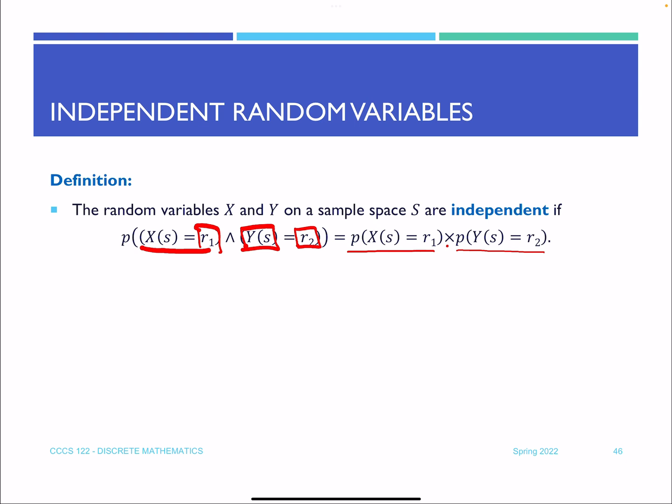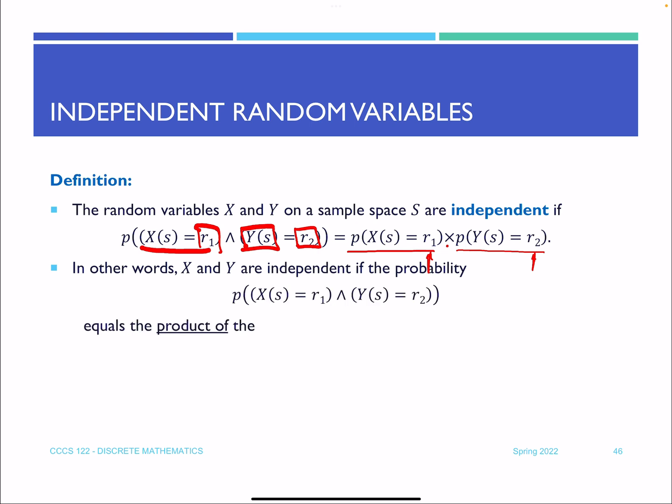So if this is the case for all possible values that x and y may take on, if that holds for all those combinations, then we say that x and y are independent random variables.